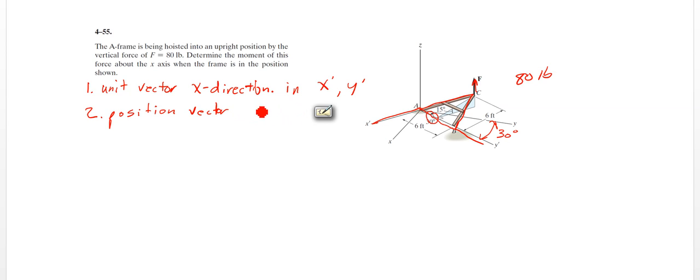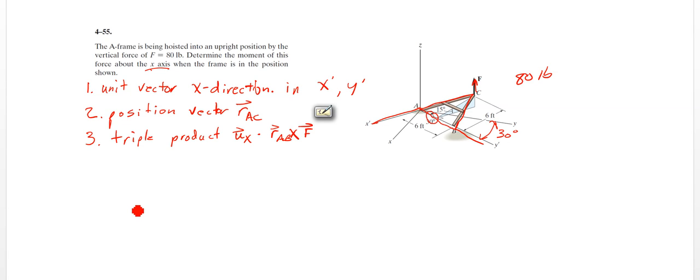We're looking about this over the x-axis, so we can find a position vector from RA to RC. And then finally, we'll find the triple product of UX dotted with RAB crossed with F. So that's our plan, and that will give us our moment.